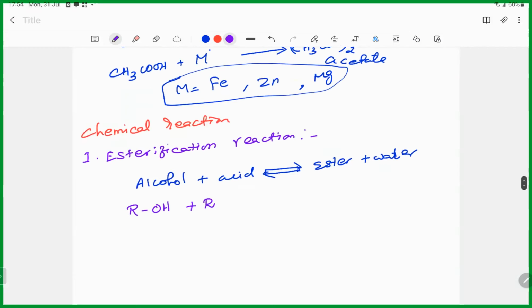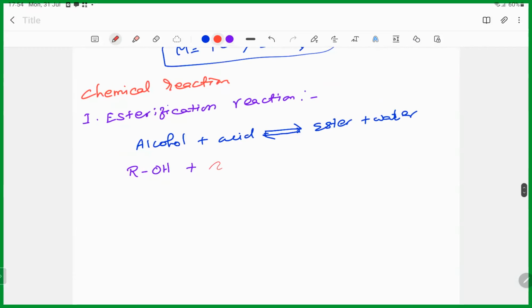So what can we do? We can write the acid as R dash COOH. What will happen?